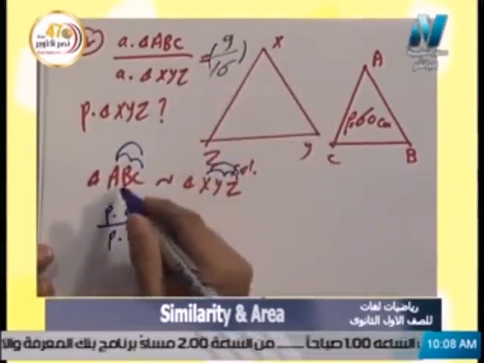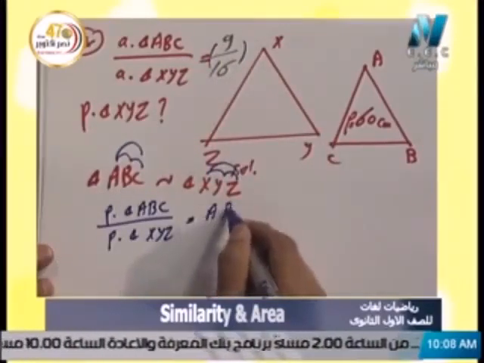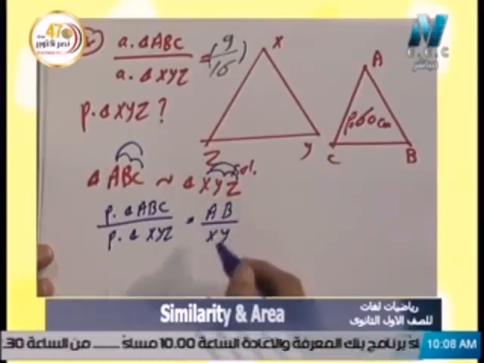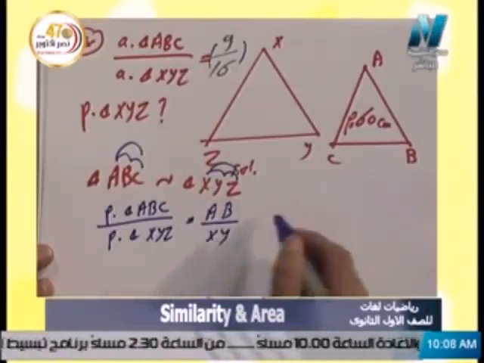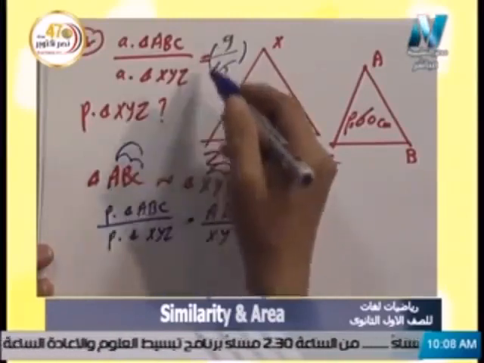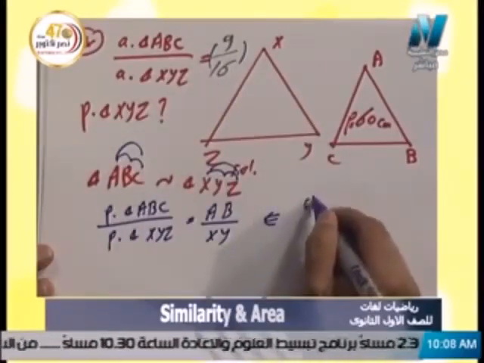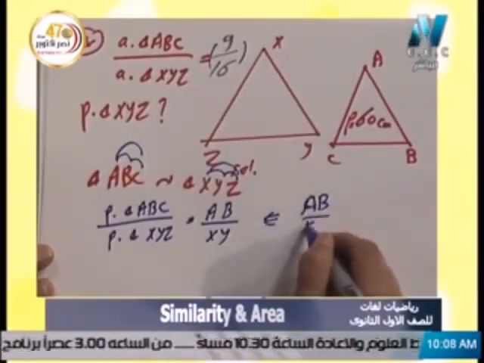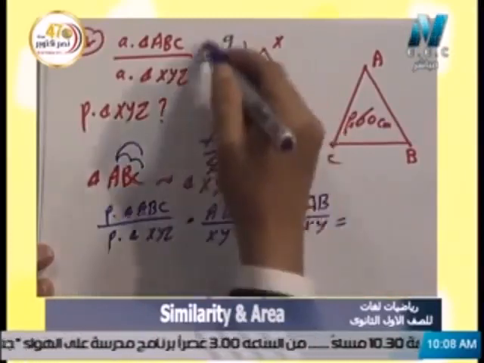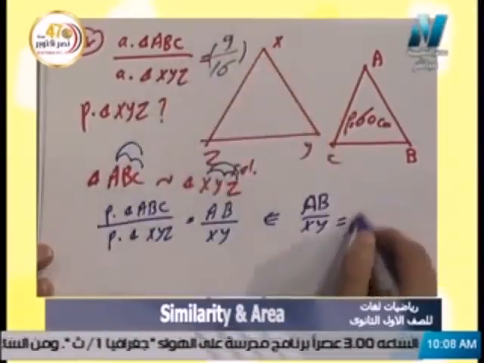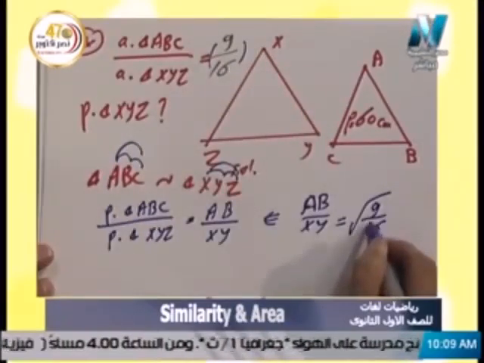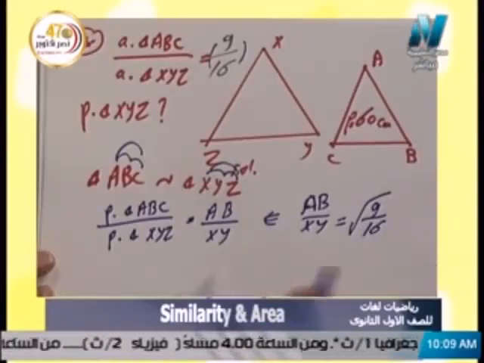To find AB over XY here, we must find the square root of 9 over 16. Why?